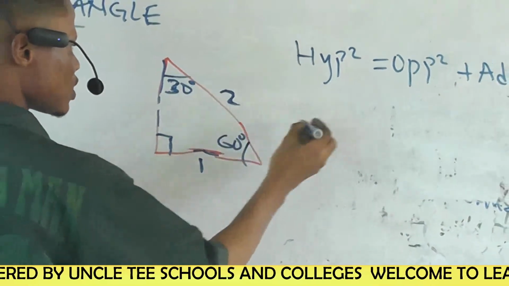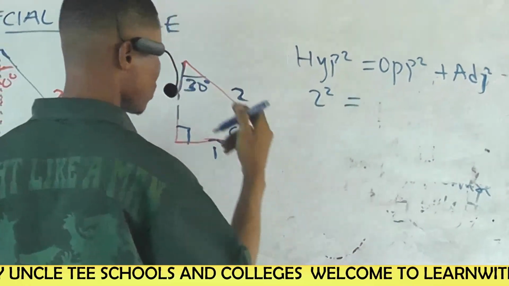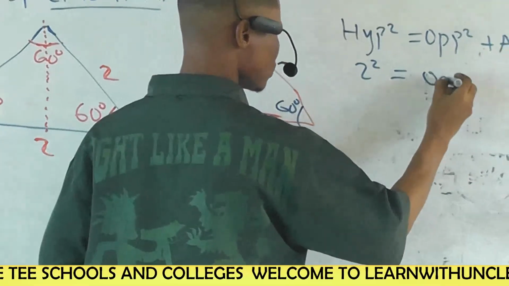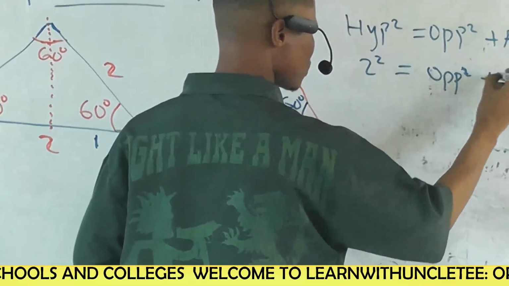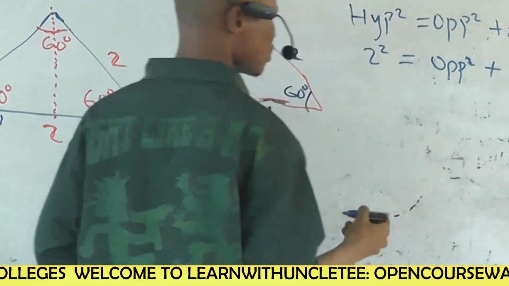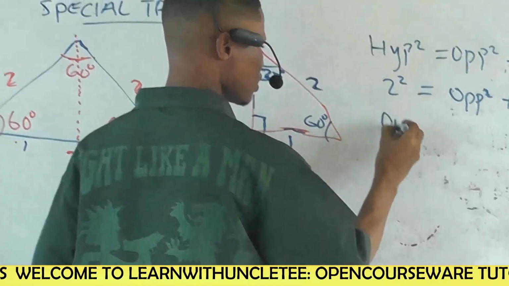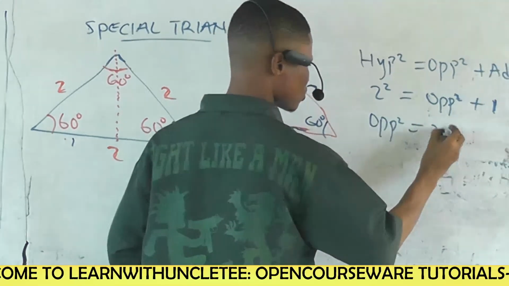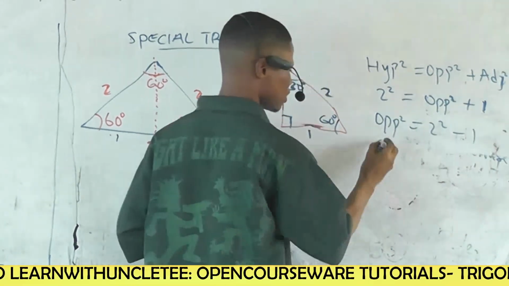Now, hypotenuse here is 2 square equal to the opposite is unknown, right? Plus adjacent. Adjacent is 1. So, for you to get the opposite, opposite squared equals 2 squared minus 1.